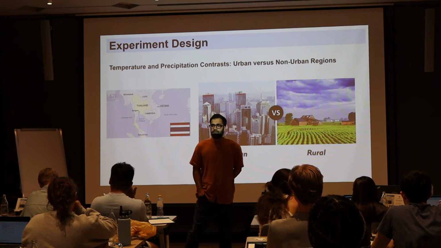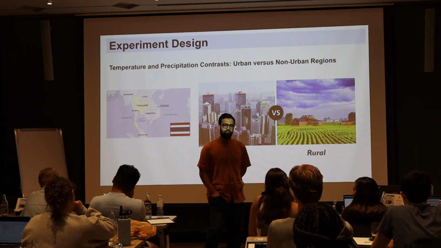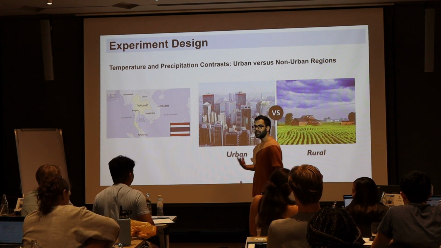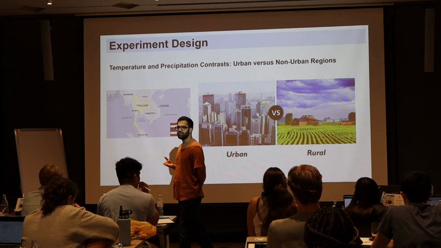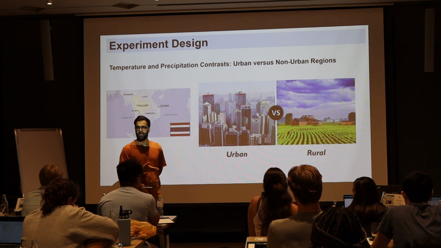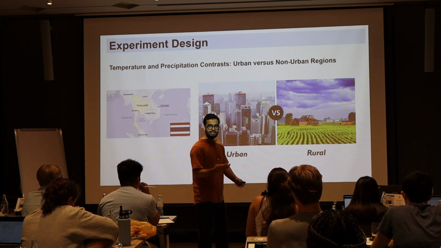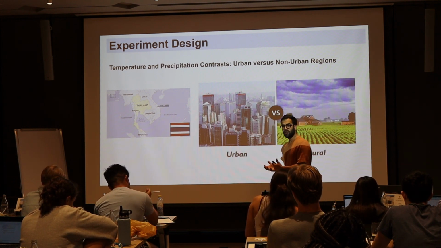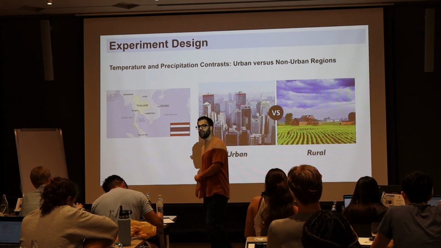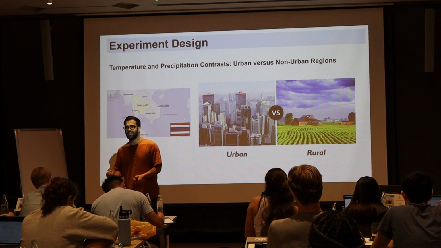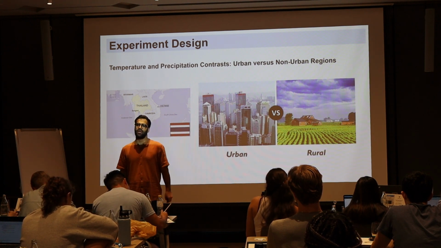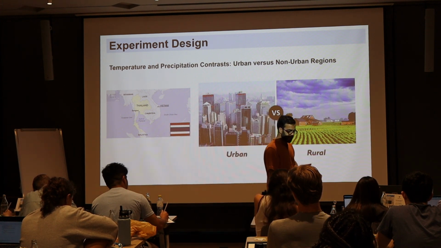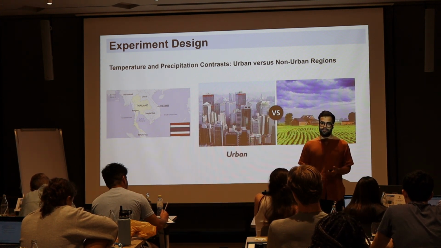We have the temperature data and the precipitation data. What we have observed so far is that in urban areas, the temperature is 1 or 2 degrees more compared to the non-urban areas. It's all because of the urban infrastructure you have. The first thing is concrete. The problem with concrete is that it absorbs so much energy and doesn't emit it during the night time.